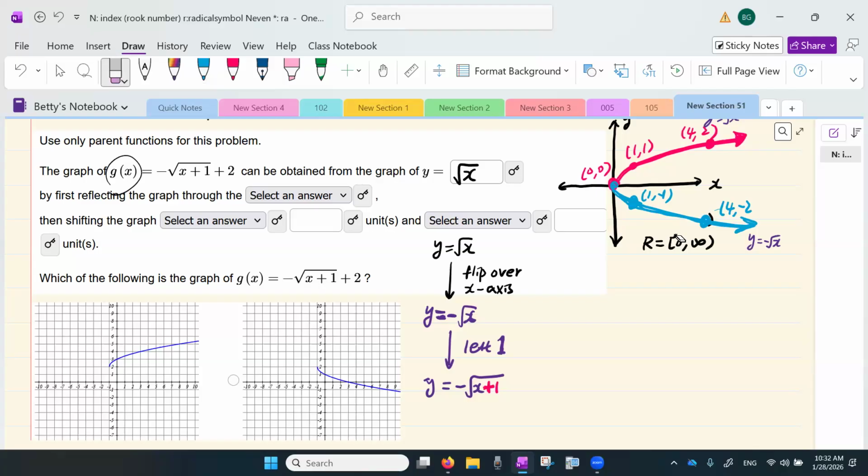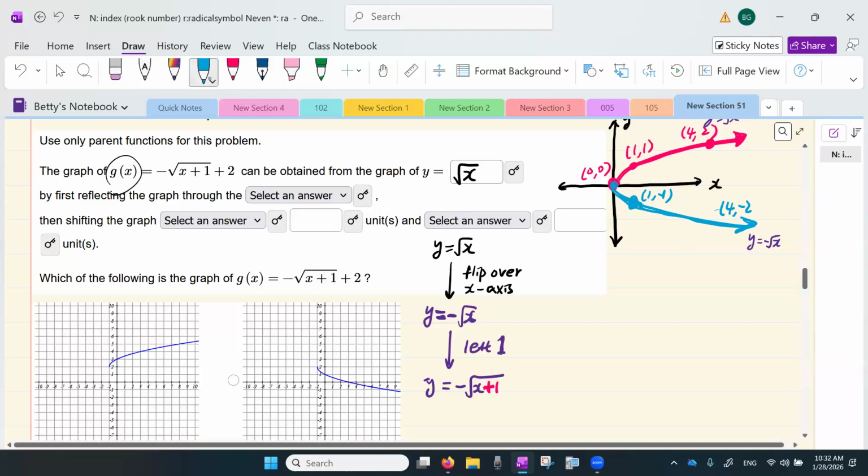Let me erase the domain and range, make it better. So 1, 1 becomes 1, negative 1. 4, 2 becomes 4, negative 2, right?